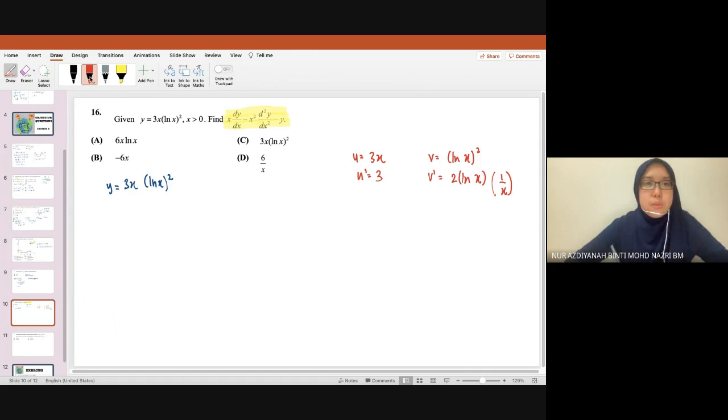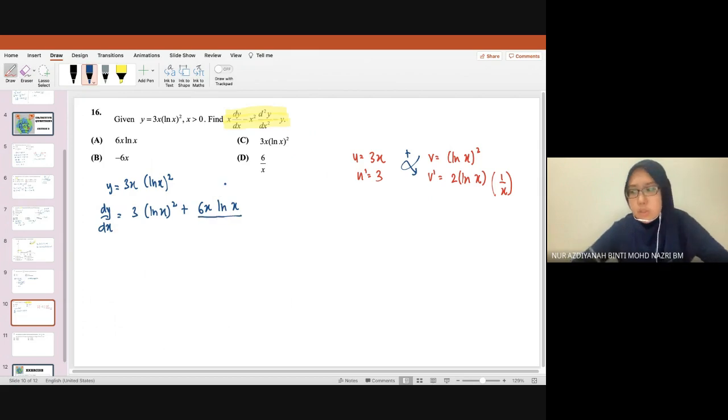Okay, so masukkan dalam formula dy dx. Okay, for a product rule, so kita akan cross and then plus. Okay, so we have here 3 ln x all square and then plus with, so here I can have 6x. Okay, so 6x ln x over, okay, so ada fraction kan, darab dengan 1 over x kat situ.